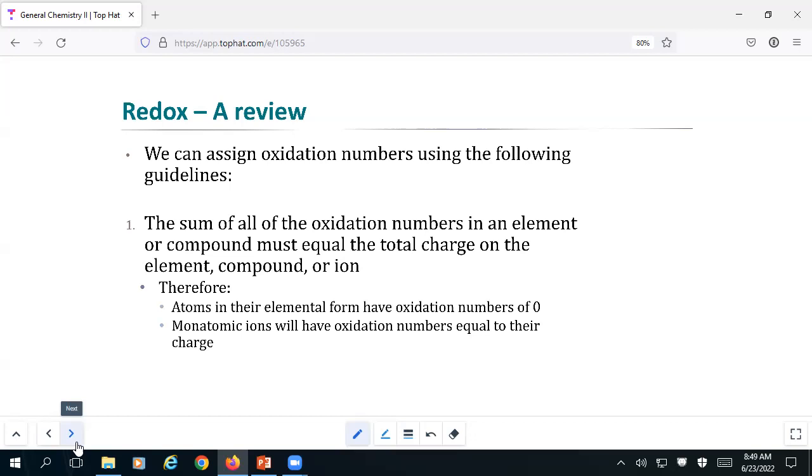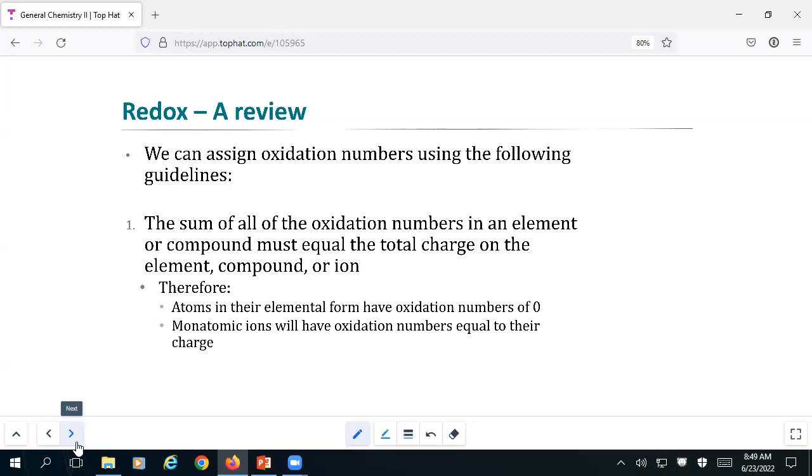Because what I can look at and say is, okay, carbon dioxide, I've got a carbon and I've got two oxygens. I don't know what those oxidation numbers are necessarily, but I know that the sum of those three numbers, the one carbon and the two oxygens, has to equal 0 because the molecule itself is uncharged. And I might not know what the oxidation state off the top of my head is for chromium or for oxygen.